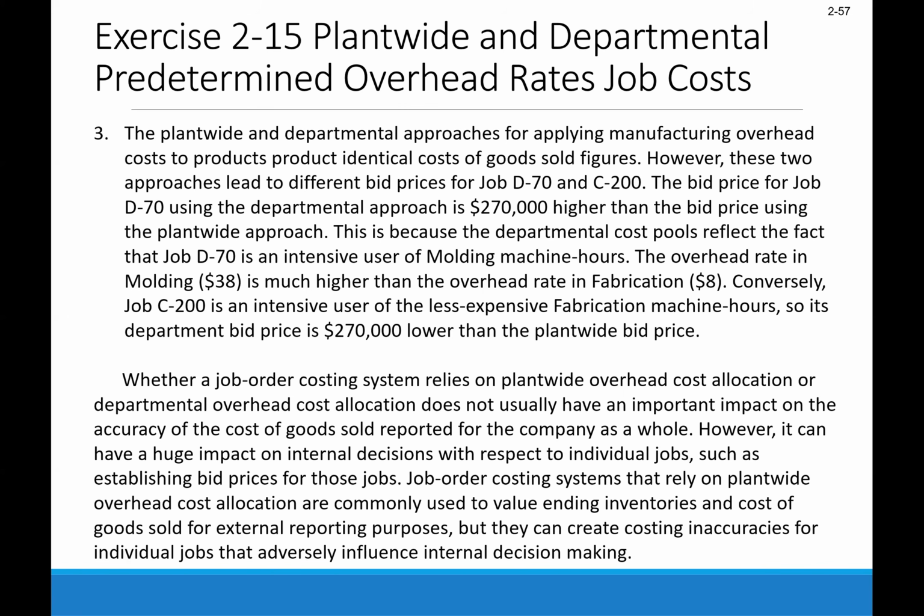Job order costing systems that rely on plant-wide overhead cost allocation are commonly used to value ending inventories and cost of goods sold for external reporting purposes, but they can create costing inaccuracies for individual jobs that adversely influence internal decision-making.